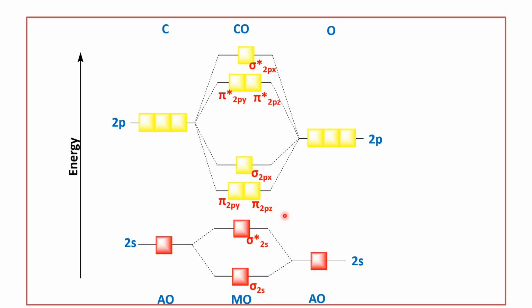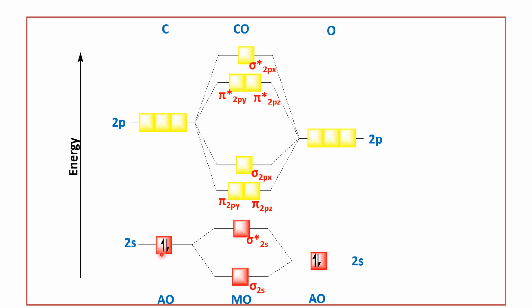Now let's see the filling of electrons. So how the electrons are filled in the MO energy level diagram. First of all, we are having the 2s of carbon. The 2s of carbon is having 2 electrons. So this is the first electron and the second electron. Again, the 2s of oxygen is having 2 electrons, the first one and the second one.